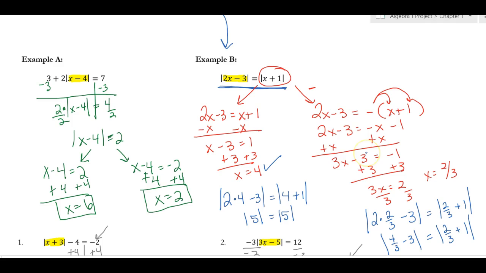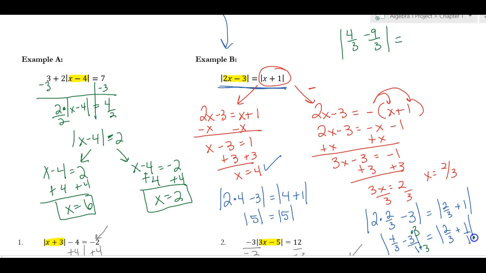Okay, so we're going to have to do some work with fractions. I'm going to come right up here. So if I put a 1 underneath this and a 1 underneath this, I have to multiply this by 3 and this by 3 to give me my common denominators. So I'm going to have 4 over 3 minus 9 over 3.